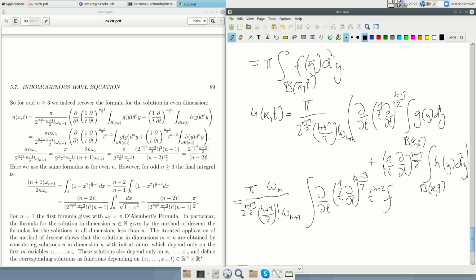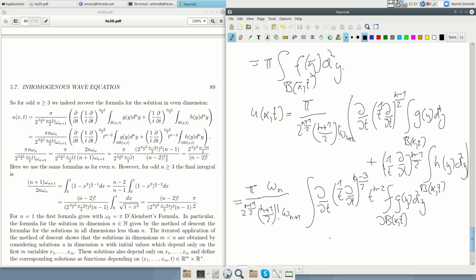Yeah, then we have the mean of g of y dy over the boundary of the ball. Also if we take the derivative, then this is exactly this volume with this one inverse power of t.